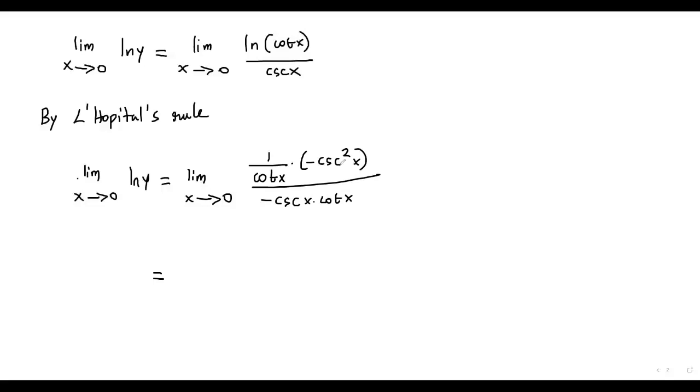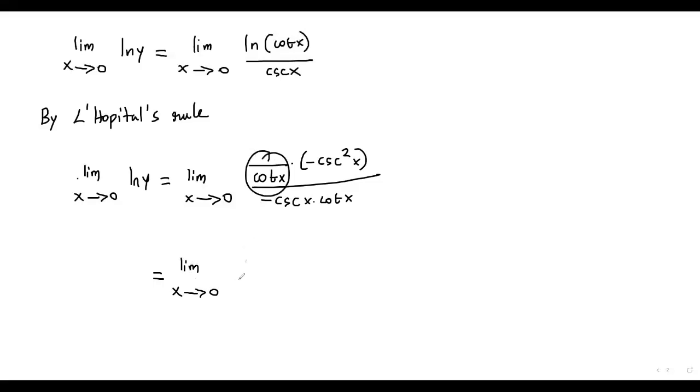Okay, before we apply the limit, we have to simplify this one over here. Whenever I want to simplify a function which contains trigonometric ratios like cotangent, cosecant, something like that, we try to write the given function in terms of sine and cosine. Let's do that. Limit x tends to 0.